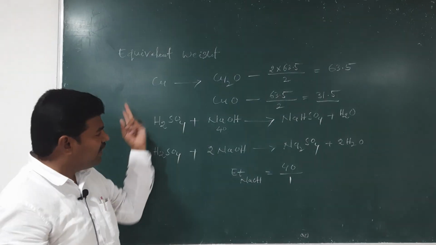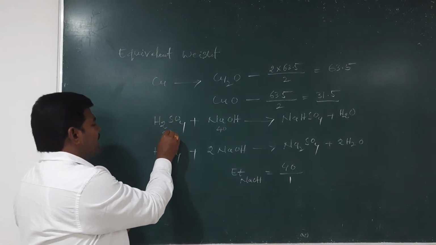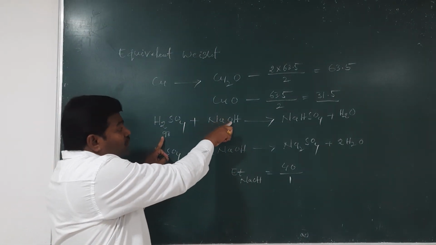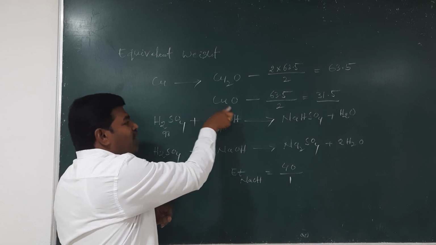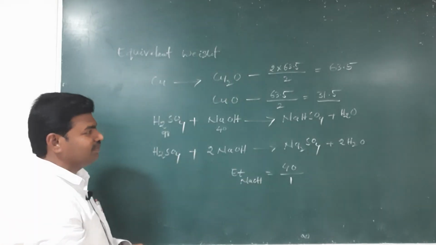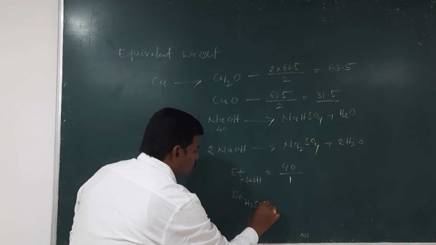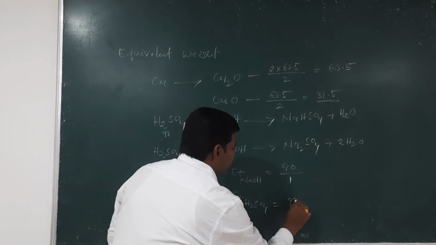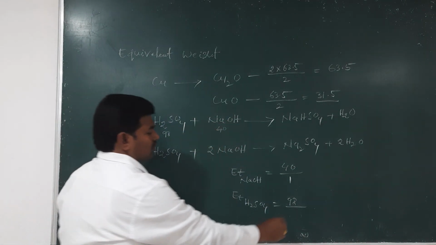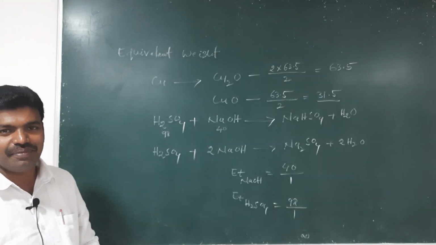Okay, let us see the reverse case. 98 grams of H2SO4 displaces one OH group from sodium hydroxide to form one mole H2O. So, equivalent weight of H2SO4 is 98 by 1, since it displaces only one OH group. So, equivalent weight is 98.